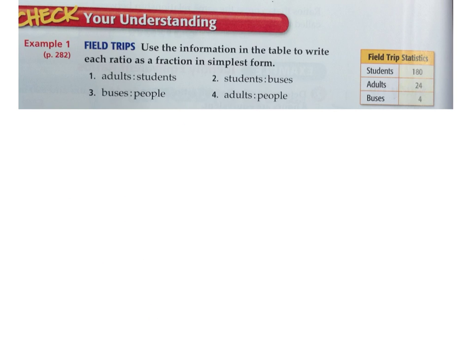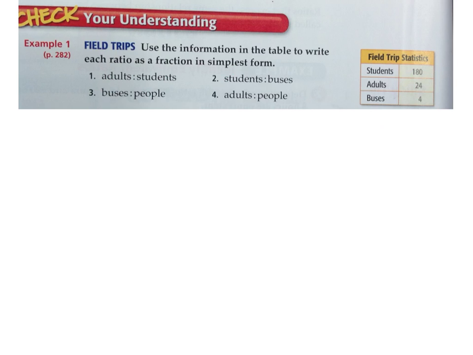In today's assignment, you're going to be asked to write ratios as fractions in simplest form. So to do that, we'll take a look here at number 1. Number 1 asks us to find the ratio of adults to students. So we're going to look over here in this information, and I see there are 24 adults and 180 students.